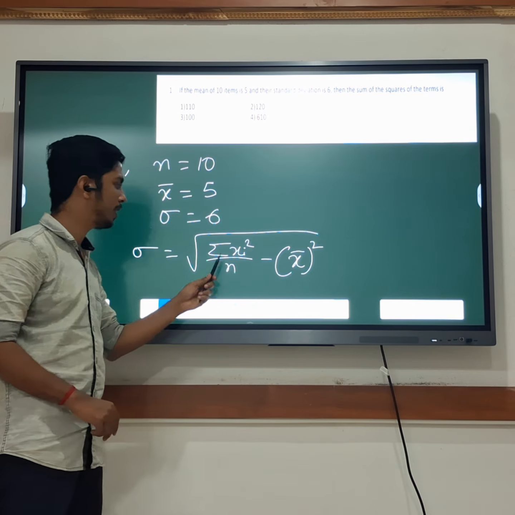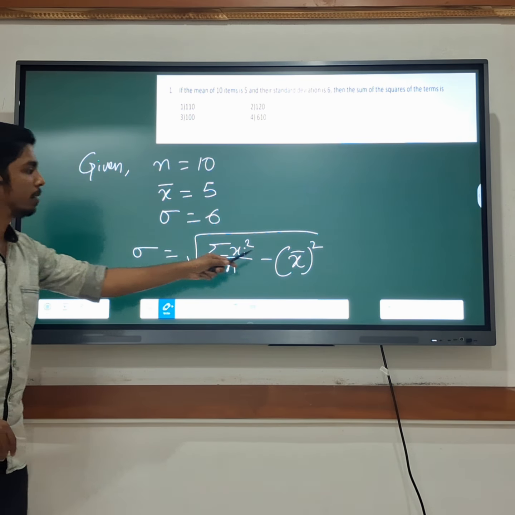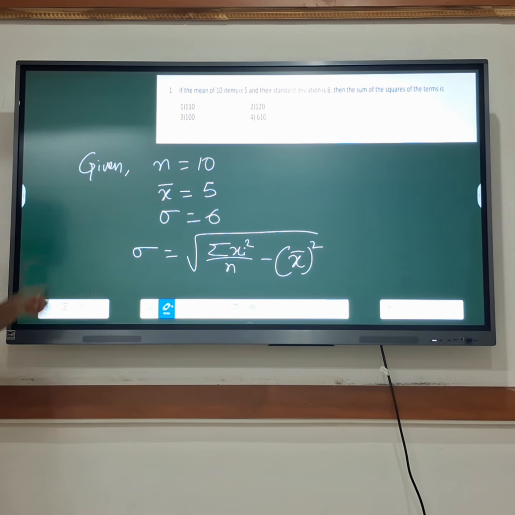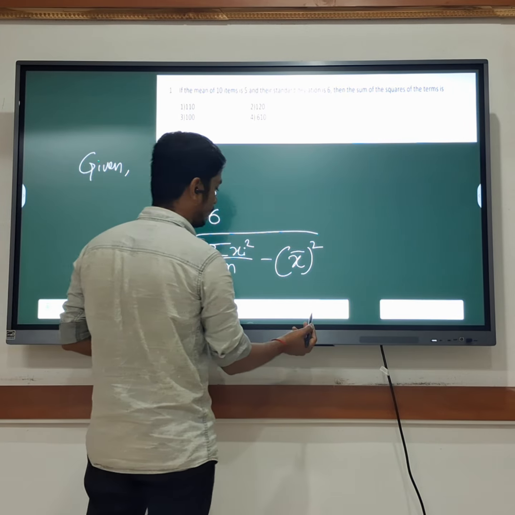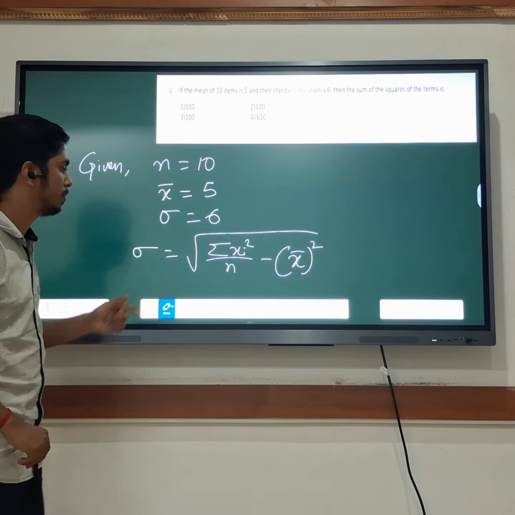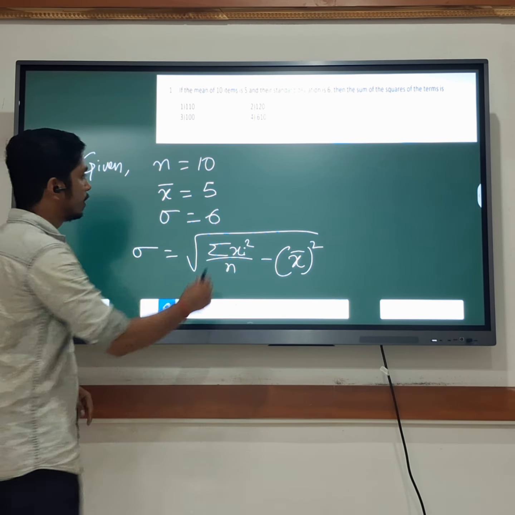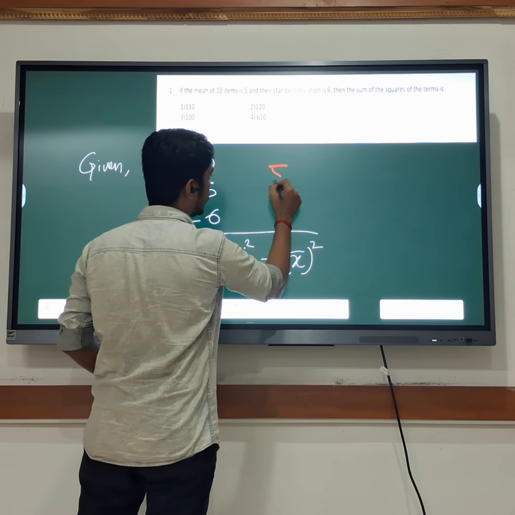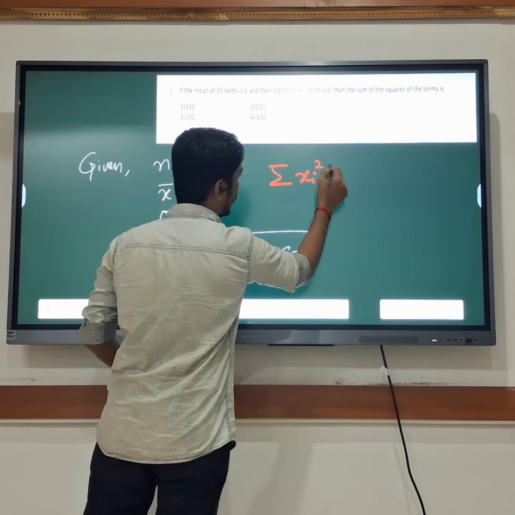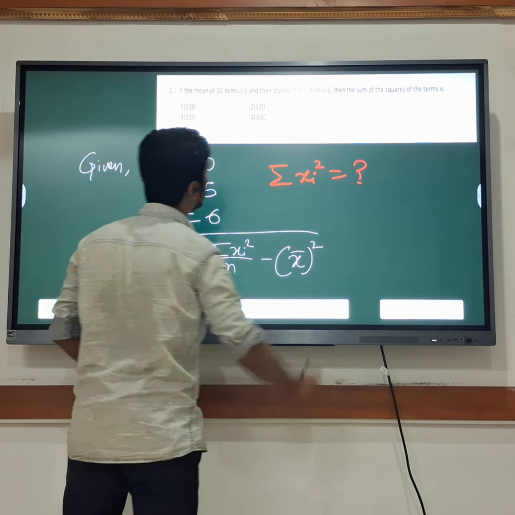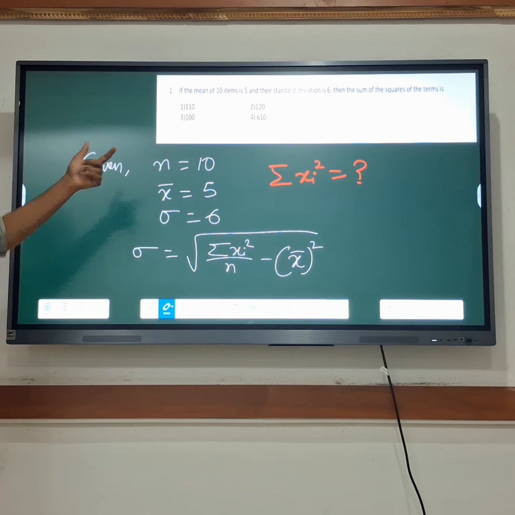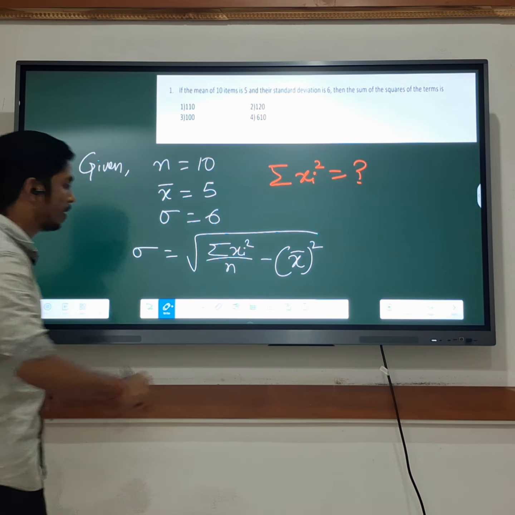Keep summation xi square on one side and the remaining all on the left side, and substitute each value. You will get summation xi square. Four options are given. Now see.